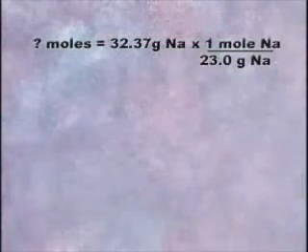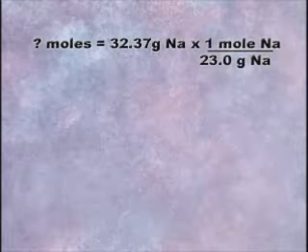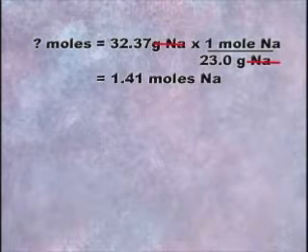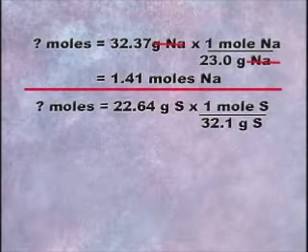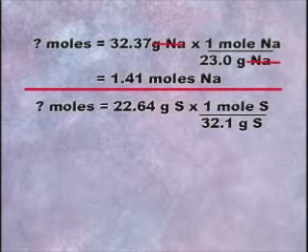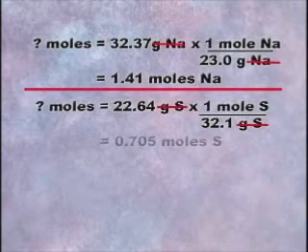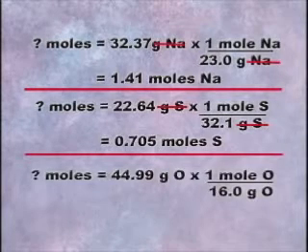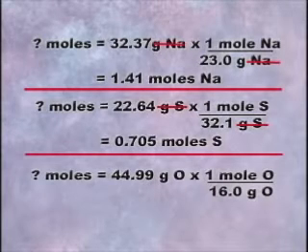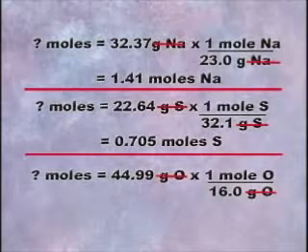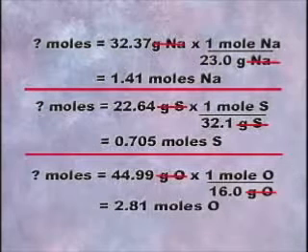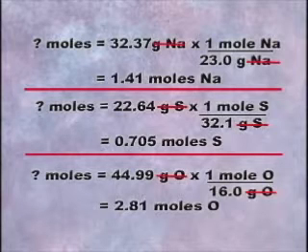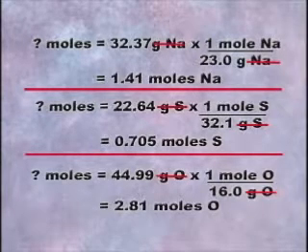Check your work. Now write the formula using the moles as subscripts, then divide by the smallest subscript to find the simplest whole number ratio.